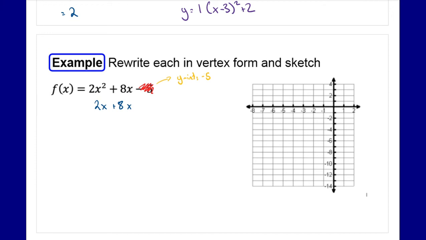So when you have an a value other than 1 and you're using partial factoring, I'm just going to take that number out, that factor. So I'm not really fully common factoring. I am taking a common factor out, but I'm not taking the entire common factor out. So I'm going to take a 2 out, which leaves me with x squared plus 8x.